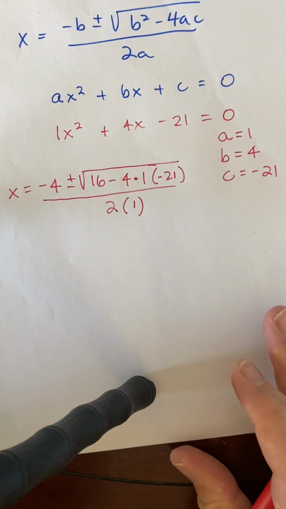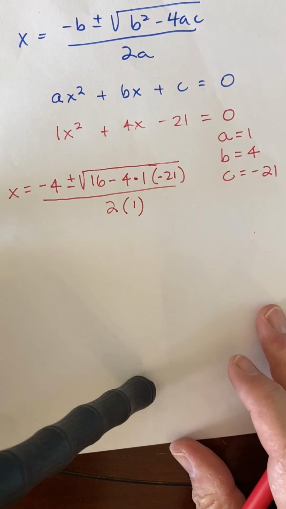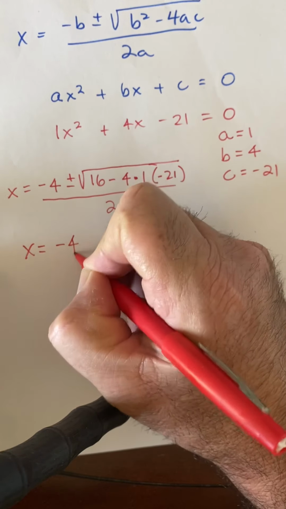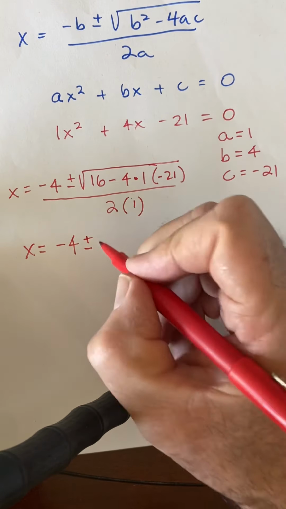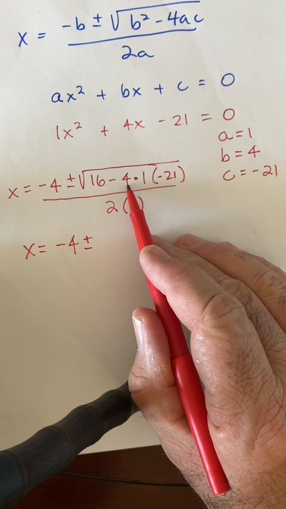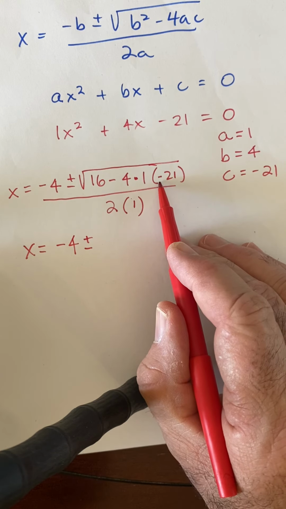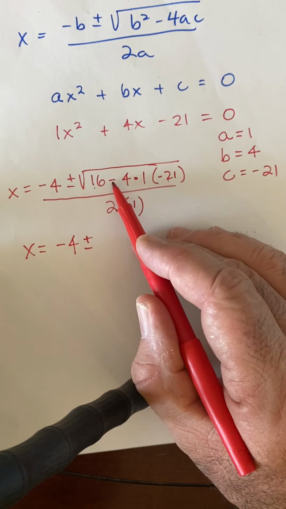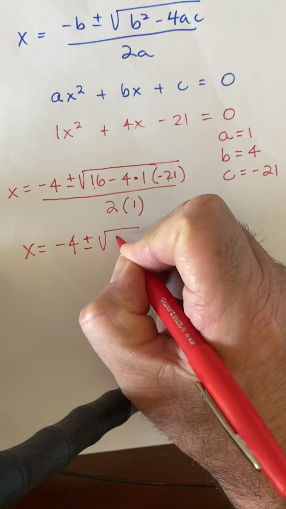So I just plugged everything in using the formula. I took my time and I was careful. Now, simplifying, negative 4 plus or minus the square root of 16, well, negative 4 times negative 21 is positive 84. And 16 plus 84 is 100.